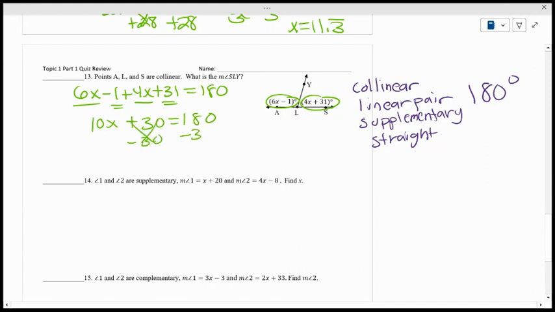And I'm just going to speed through this. We get x equals 15. But this is the first time that we're not going to circle that as our answer. If you stop there, you would get it wrong.